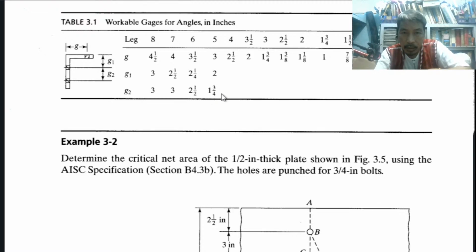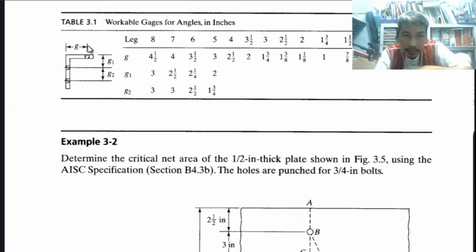For a 2 inch leg, so 2 inches by 2 inches, we have 1 and 1/8.